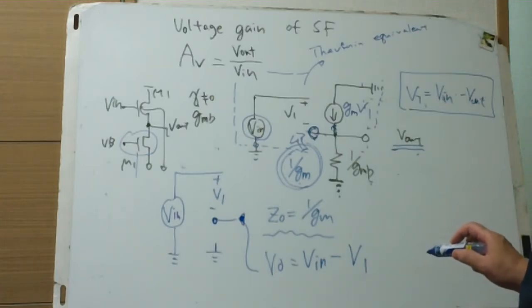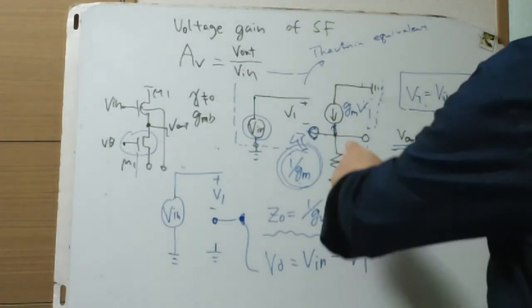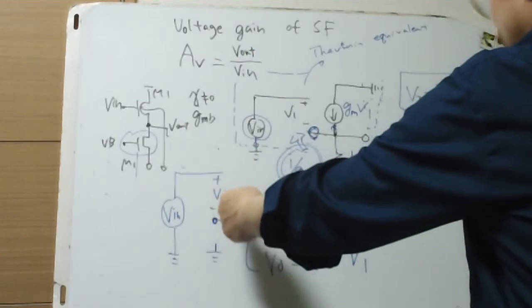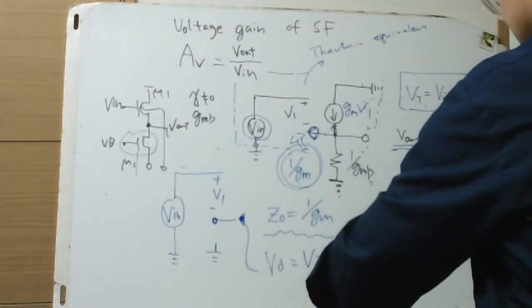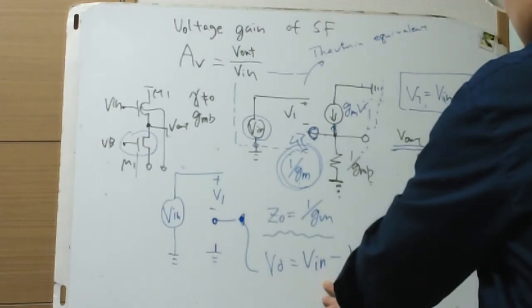So okay, VO here equals Vin minus V1, right? Right? VO here, Vin minus V1, right?